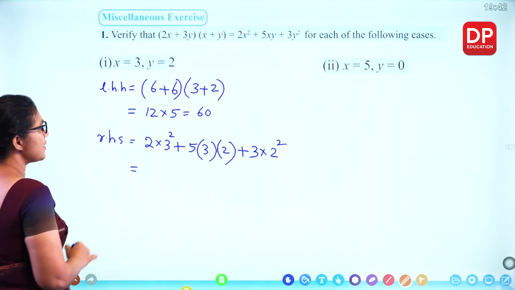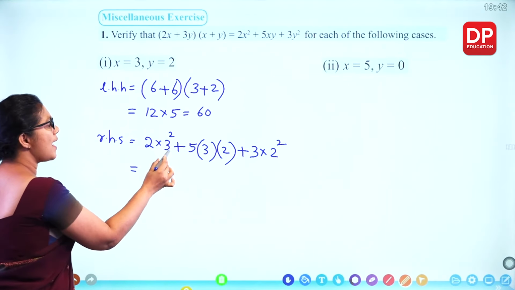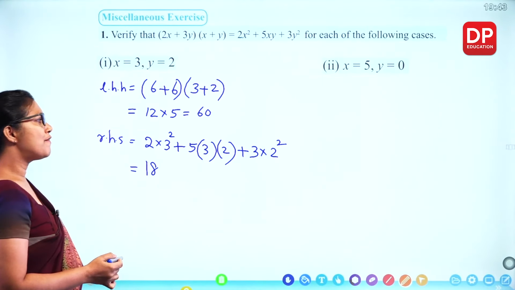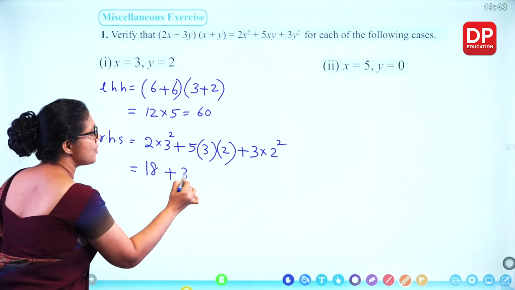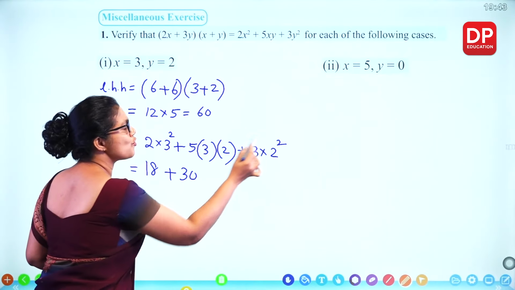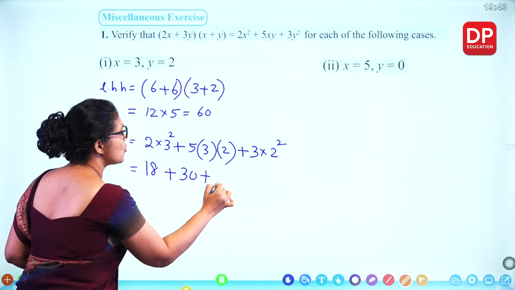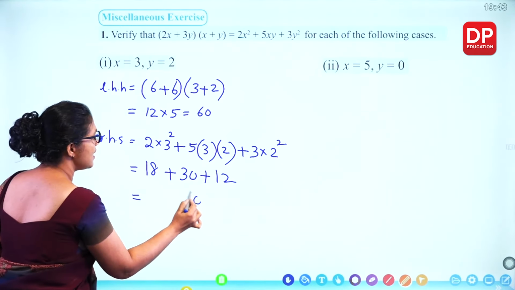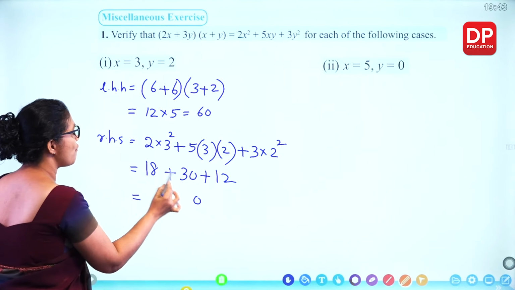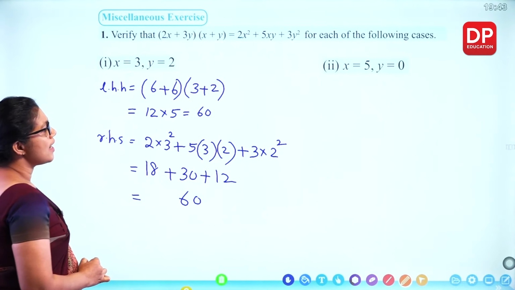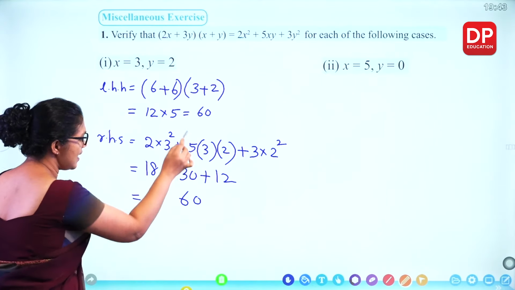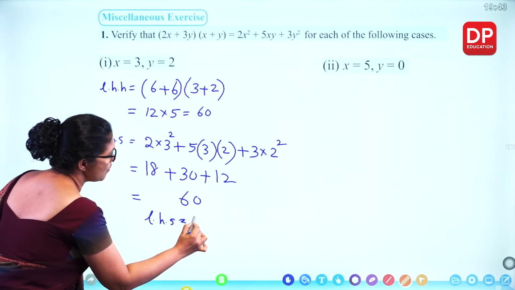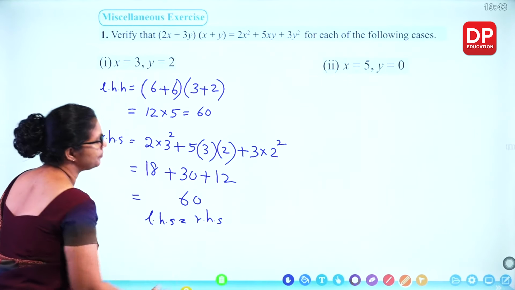When you are simplifying, 3 squared is 9. 9 times 2, 18. 5 times 3, 15. 15 times 2, 30. And 2 times 2, 4. 4 times 3, 12. When you are adding these numbers, you get 60. So the answer is 60. So you can see left hand side answer is equal to right hand side.